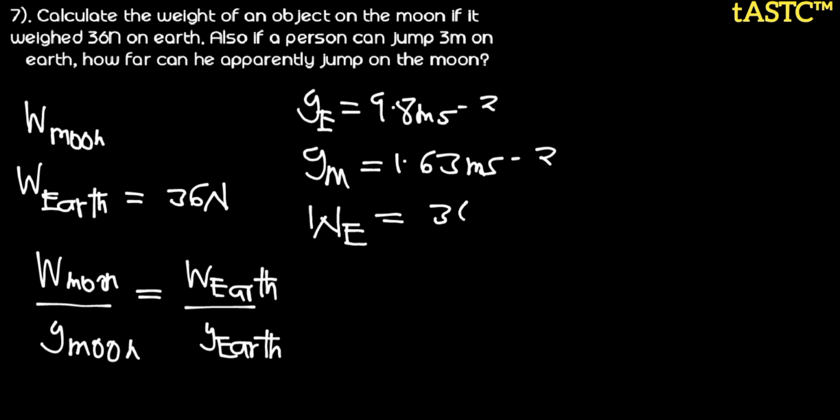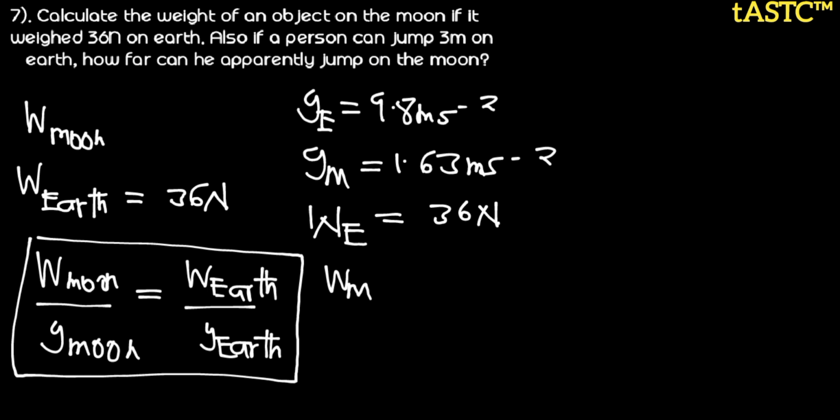That is written as 36 newtons. So we need to find WM. Right? Now from here, we have that WM is going to be equal to WE multiplied by g of the moon, and this divided by g on the Earth. So that is what we're going to have.